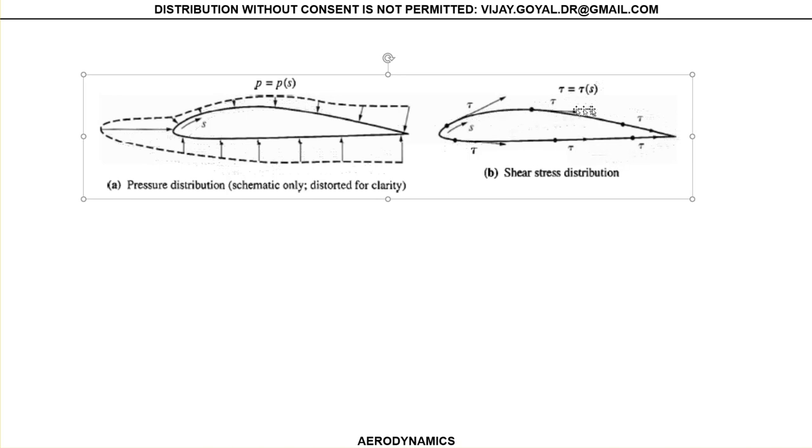This is your shear distribution. This is the pressure distribution around your airfoil. And we like to, again, reduce the drag, but many times it's completely impossible. So this actually completes the first discussion on theory of aerodynamic forces.